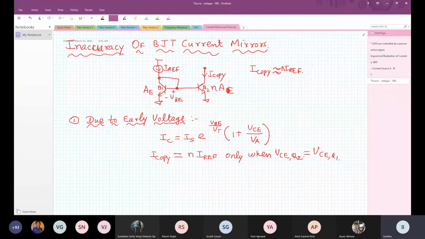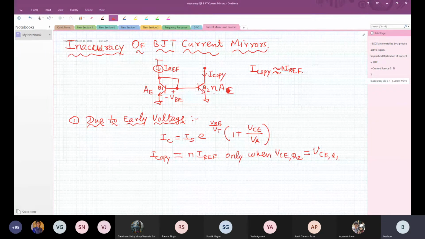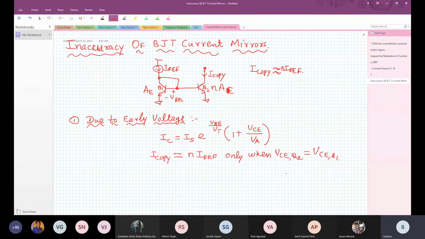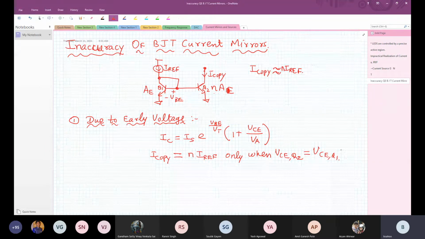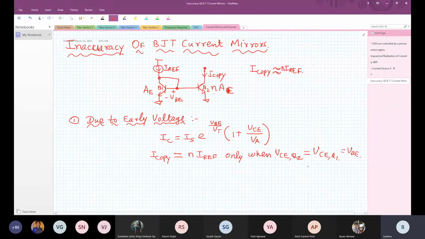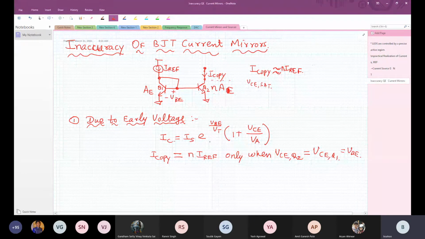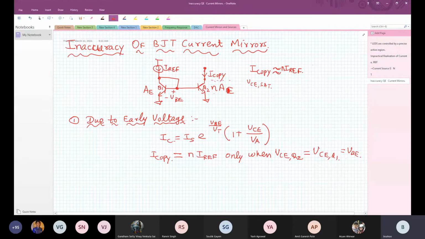So only at one voltage at this point will this be perfectly matching, otherwise it won't be matching at all. Now what is VCE of Q1? VCE of Q1 equals VBE. Ideally, I want a lower compliance voltage. I want this voltage to be as low as possible, equal to VCE SAT. So certainly these two currents won't match, and therefore there won't be 100% accuracy in copying.